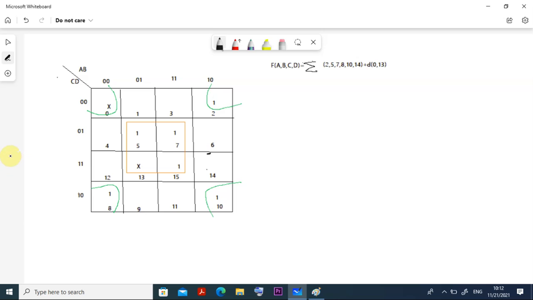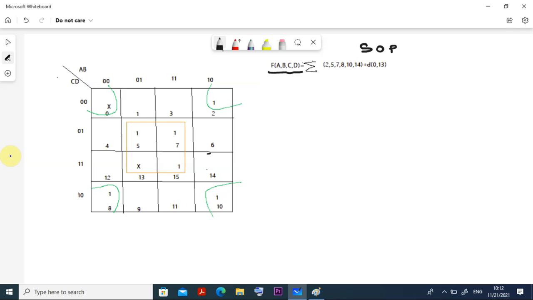So here you can observe we are having 4 variables, a, b, c, d, and this is a function f of a, b, c, d. Here you can see the values, and it is purely sum of product.